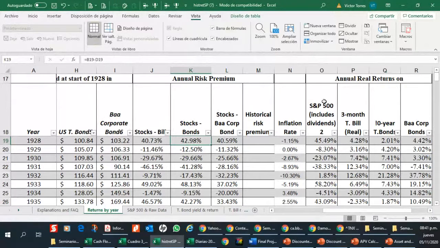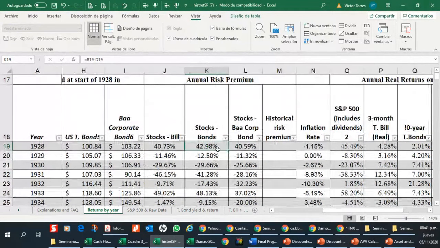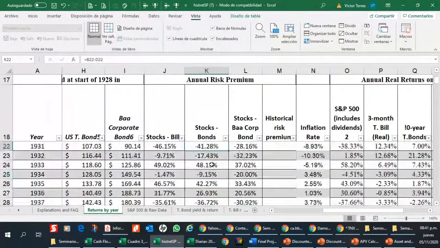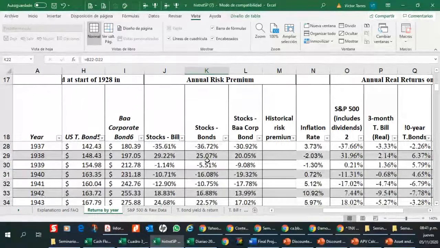There are going to be some values that are significantly high, like 43%, and significantly low, like negative 41%, right? That occurs logically in periods or years with significant volatility.